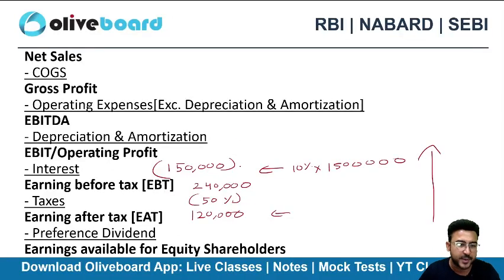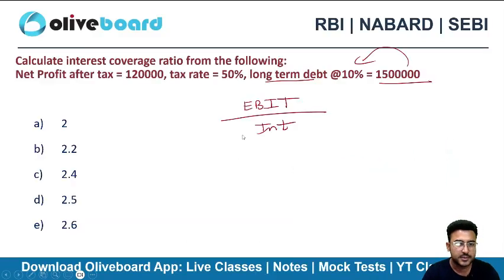Then I must have paid the interest as well. Again, if I go backward, 2,40,000 was my EBT, earning before tax. I need to add my interest obligation as well in order to calculate the EBIT. So 3,90,000 is my EBIT.